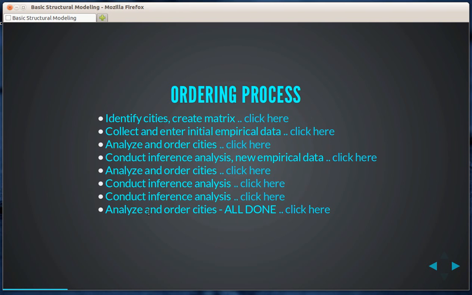So you just continue this: collect the empirical data, do the inference, order the cities until all the cities are ordered. So that's the ordering process that we'll go through here. There'll be a number of video talks and additions to the slide deck as we work our way through this.